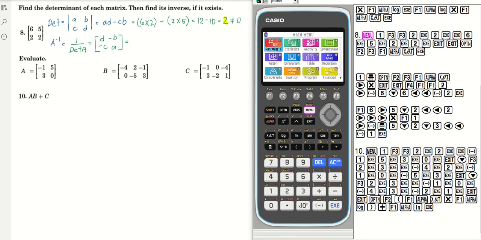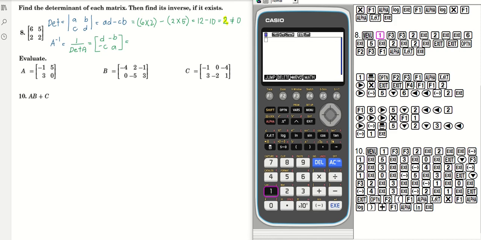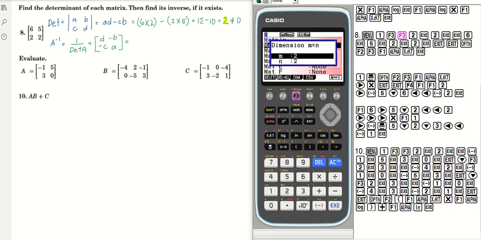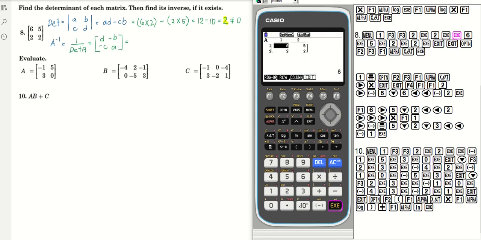Go to Menu 1, press F3 to enter your data to matrix A that has dimension 2 by 2. And then enter the elements, which are 6, 5, 2, and 2.